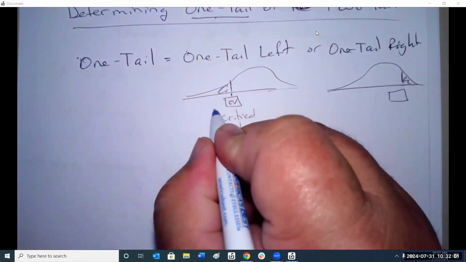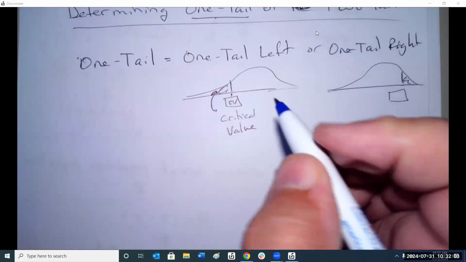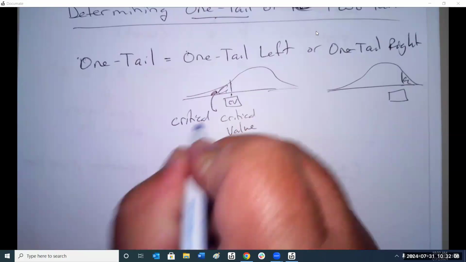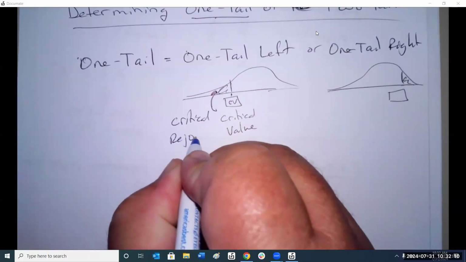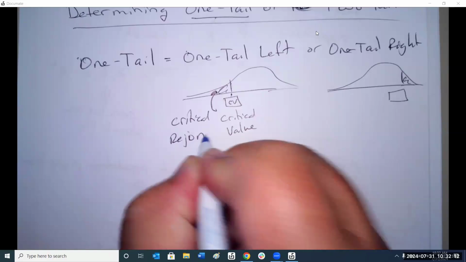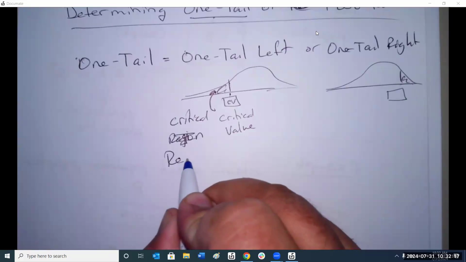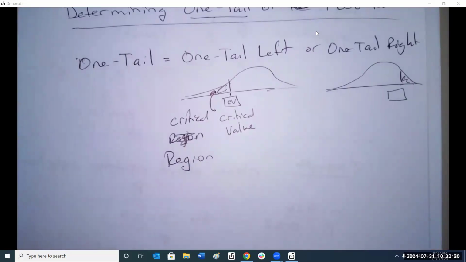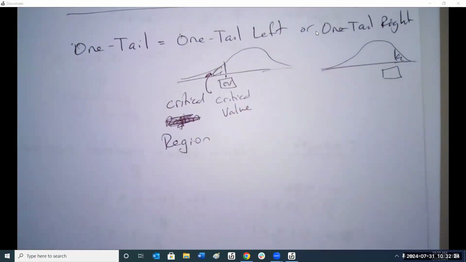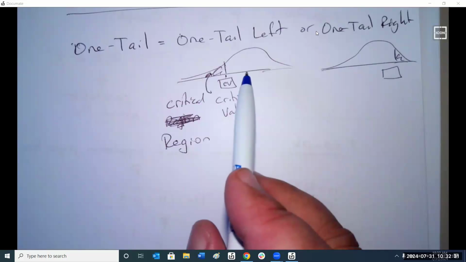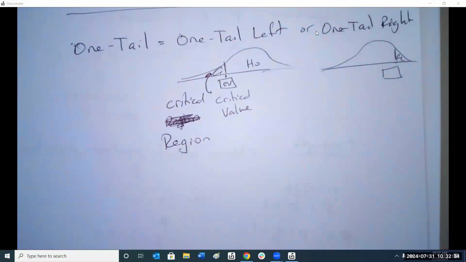Now, since that's the critical value, what this part here defines is called our critical region. It's the area that makes us reject our H0.